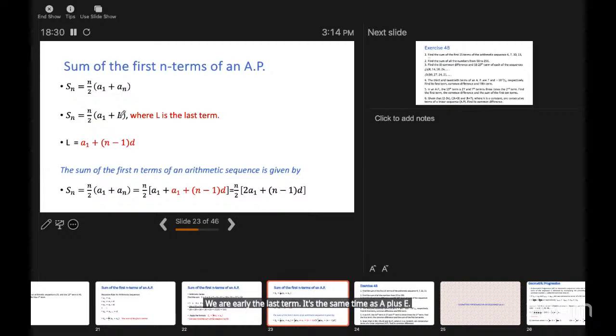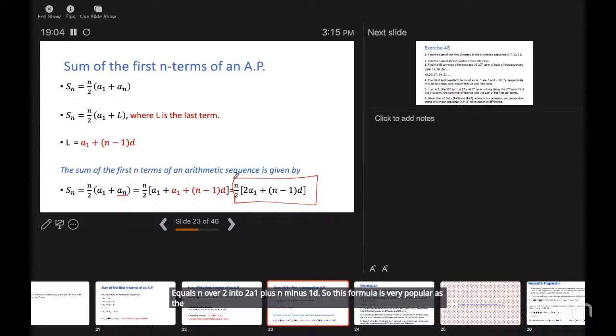If you know the last term An to be A1 plus (n minus 1)d, I can substitute it in this place and simplify, which is what I did here. n over 2 into (A1 plus An), where An is A1 plus (n minus 1)d, equals n over 2 into (2A1 plus (n minus 1)d). So this formula is very popular as the sum of the first n terms of an AP.